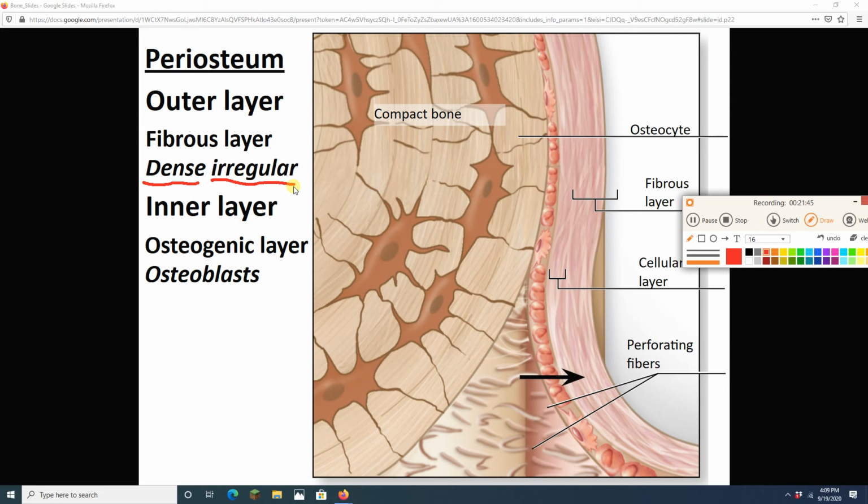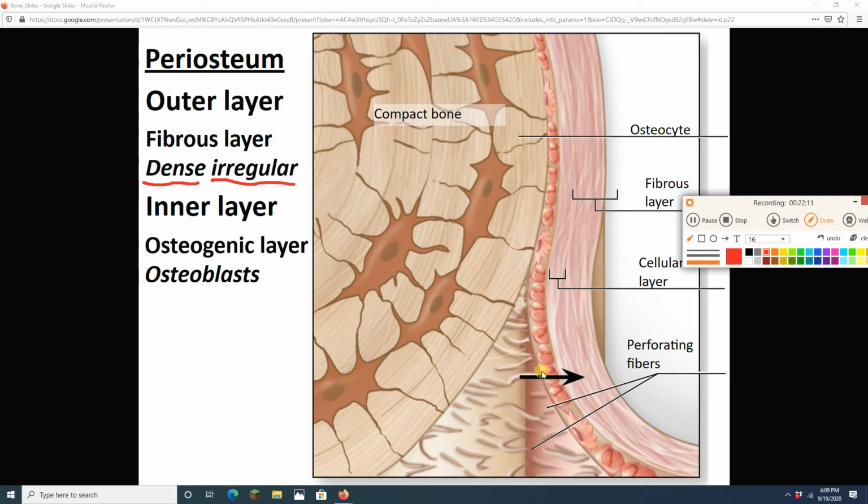Now, the inner layer of the periosteum, the cellular layer, or the osteogenic layer, whichever you prefer. I like osteogenic layer, but they're both good. Cellular layer because it's made of cells. This little bracket here is off a little bit. It should be right there. There we go. Where was I? Osteogenic layer.